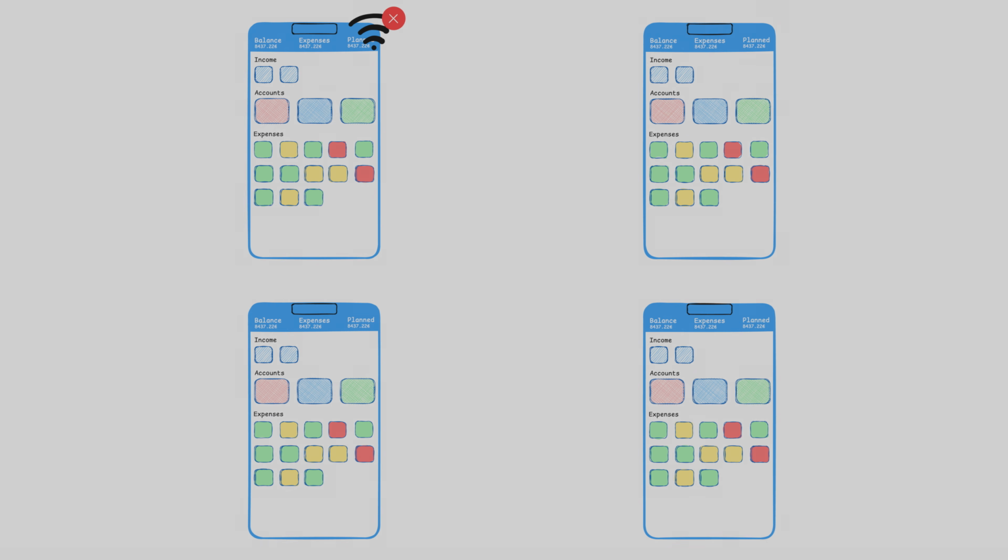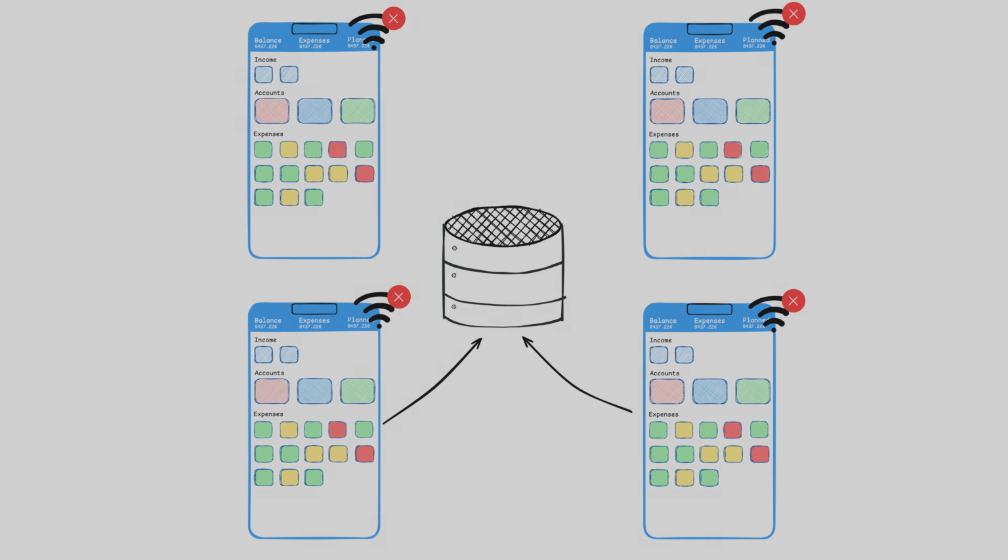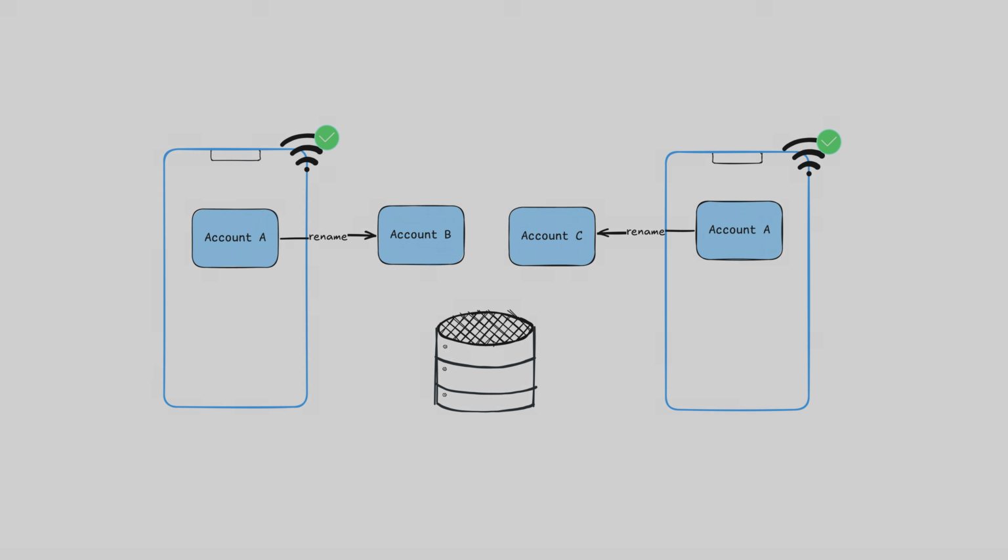The main problem is that if multiple devices work offline, at some point all this data has to be synced. And this is actually a very difficult problem because you need to have a solid conflict resolution strategy. For example, the same money account can be renamed on 2 different devices, and during synchronization the system has to correctly apply all changes and automatically resolve conflicts.